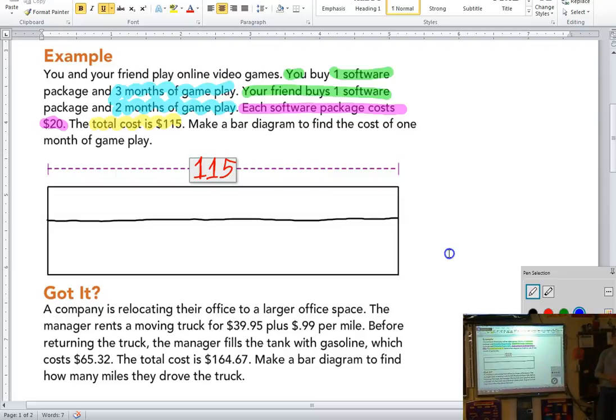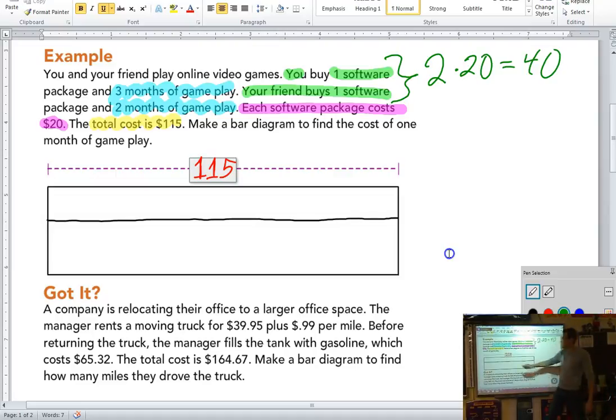Do I know anything else about the software packages? Each one is $20. So these software packages, 2 of them at $20 a piece, that's really $40. So the first thing we can do in here is just say, okay, we spent $40 on the software.